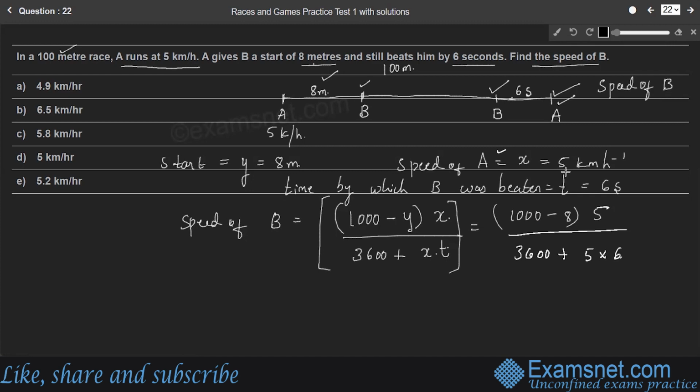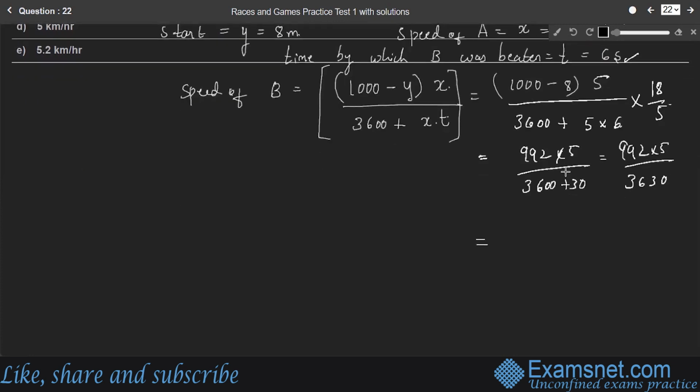Therefore, 1000 minus 8 is 992, into 5, divided by 3600 plus 30, which is 992 into 5 by 3630. Since the time is given in seconds, we'll convert it in terms of hours by multiplying by 18 by 5, 18 by 5 into 18 by 5, and you will get the answer.